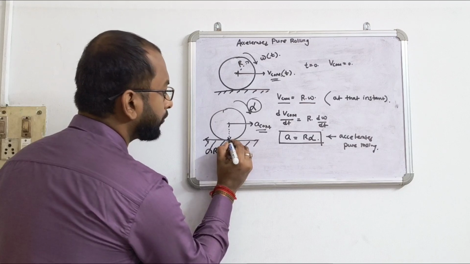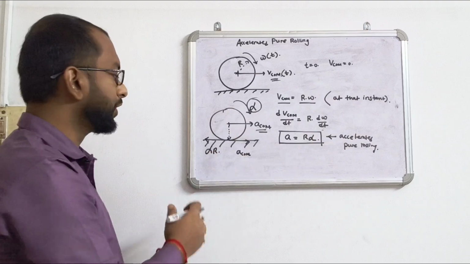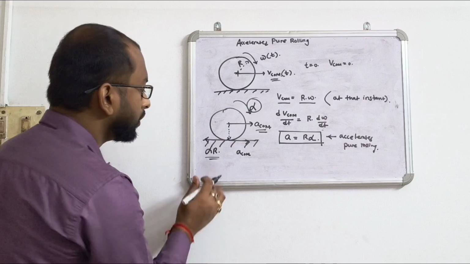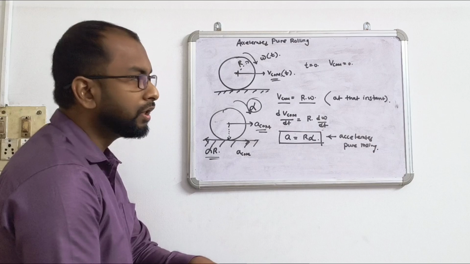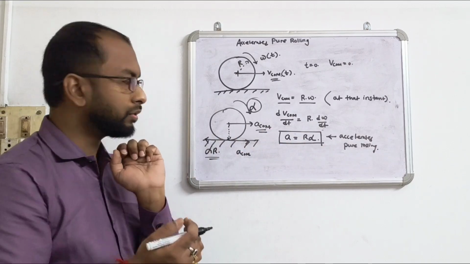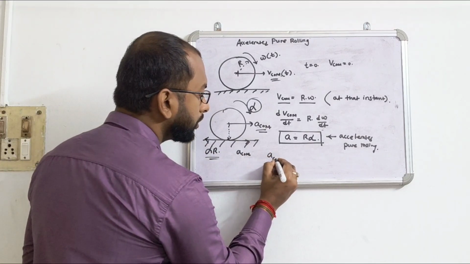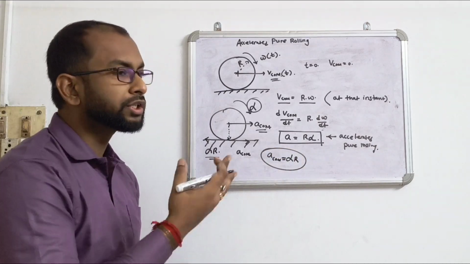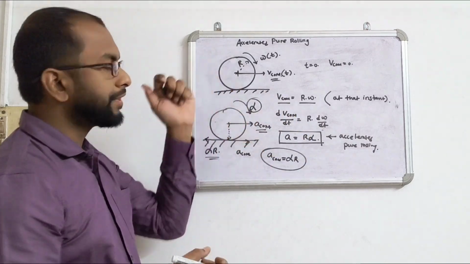So the point of contact of the body has this acceleration ACOM in the forward direction and alpha r, generated due to the angular acceleration, in the backward direction. So this point of contact should not skid with respect to the ground, or the point of contact should not have any acceleration in the direction of motion with respect to the ground. So what is the condition? This ACOM should exactly balance this alpha into r. Then only the point of contact of the body will not skid with respect to the ground. So that is the condition for pure rolling or accelerated pure rolling.